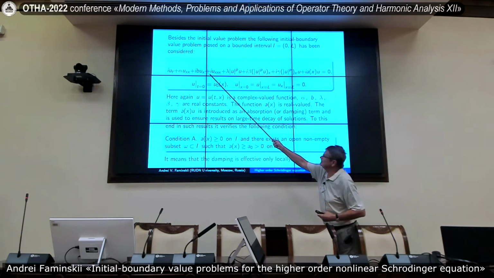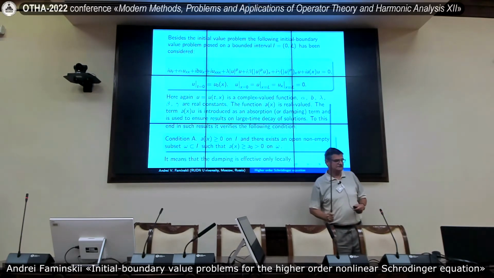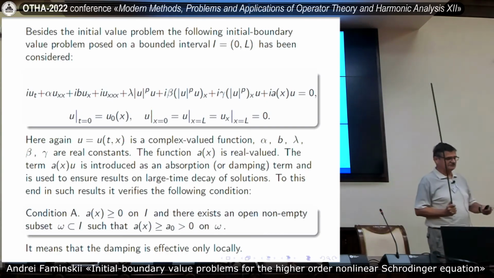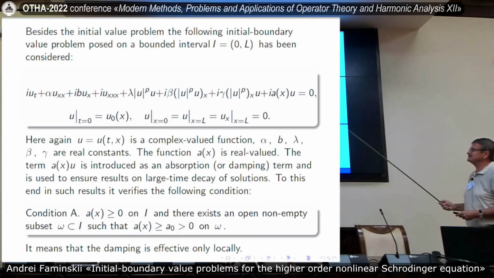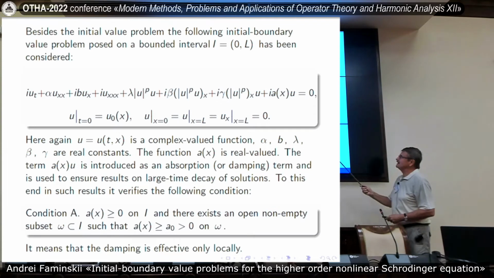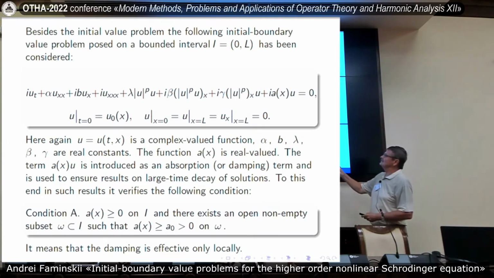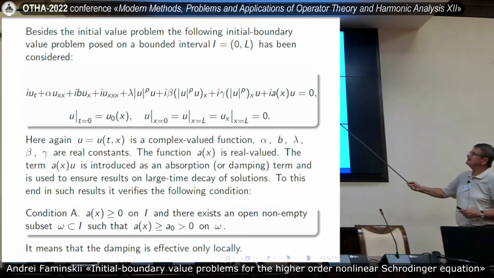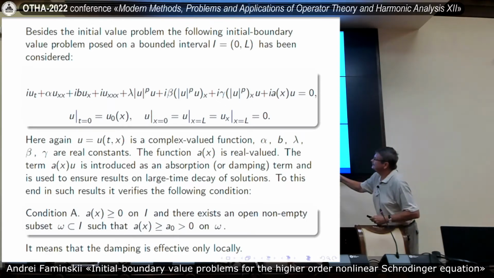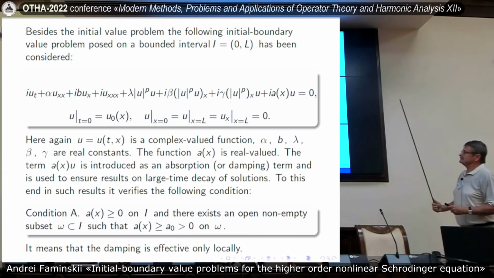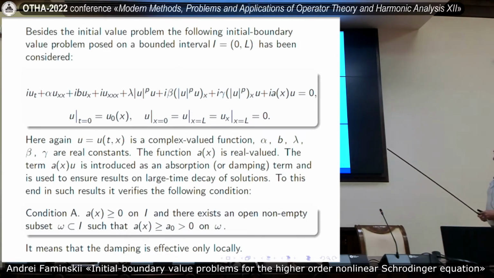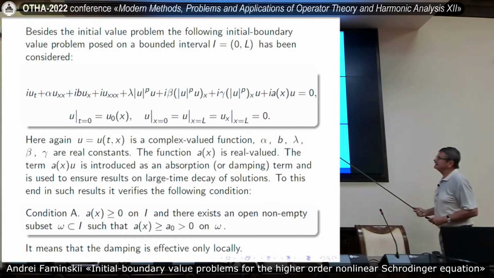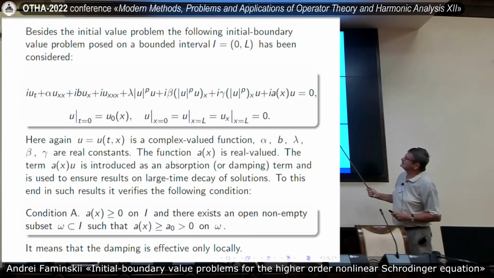If I replace plus by minus here, then we must also change the situation and set up this extra condition also on the left side. Here again, u is a complex valued function.